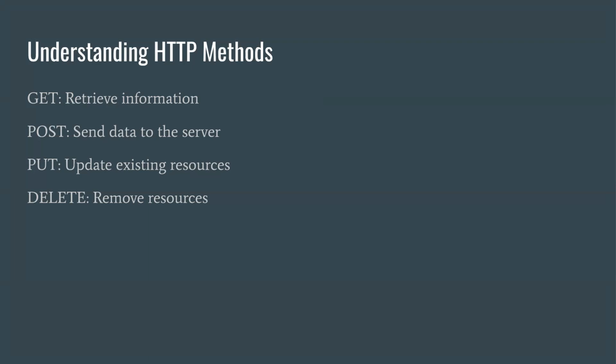You often use this method when you're trying to submit a form, and the put method is used when you're trying to update existing resources on the server. And lastly, delete is used when you want to remove resources. Each method serves a distinct purpose in web communication.